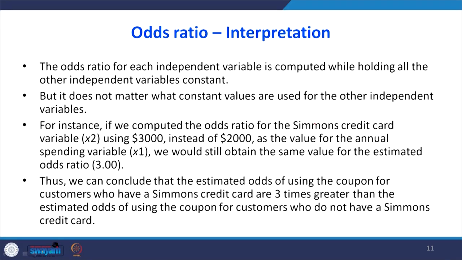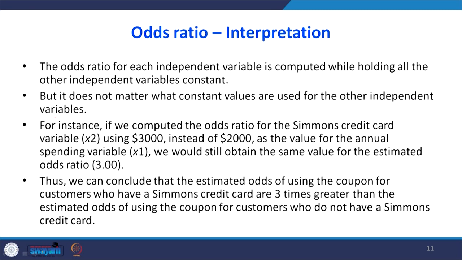The odds ratio for each independent variable is computed while holding all other independent variables constant. For example, in the previous case also, the expenditure, the amount spent, was taken as the constant, and we interpreted only for a person having the credit card or not having the credit card. It does not matter which constant values are used for other independent variables.